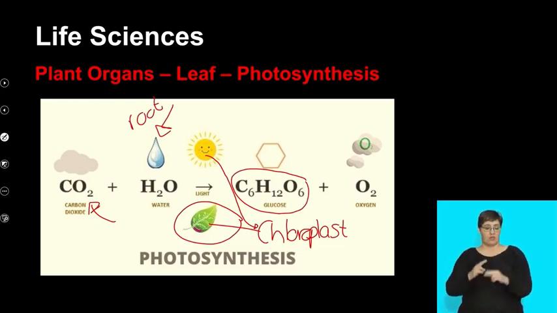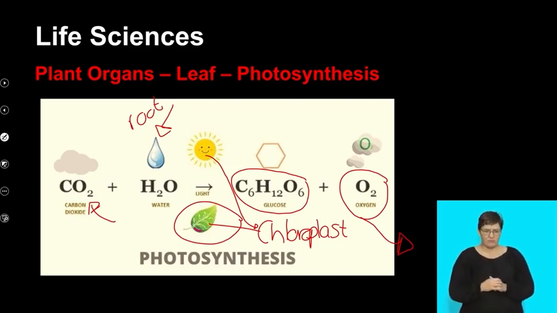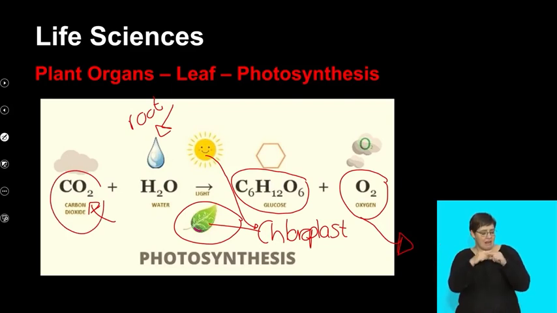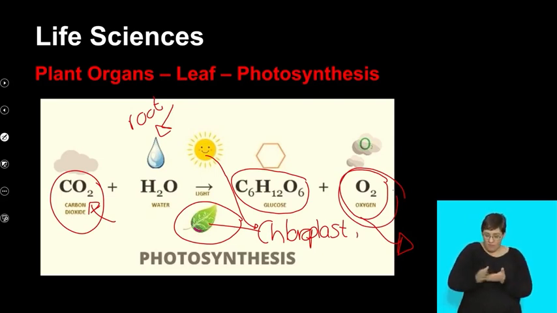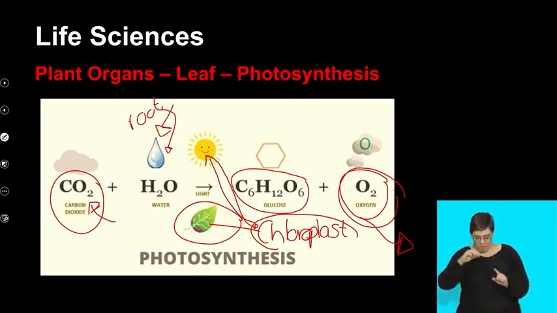It also produces oxygen, a gas which has to get out of the leaf. So the leaf needs to be able to get in carbon dioxide and get out oxygen. The leaf needs to ensure that the chloroplast receives a lot of sunlight, and the plant needs to ensure that there's water coming up from the root.